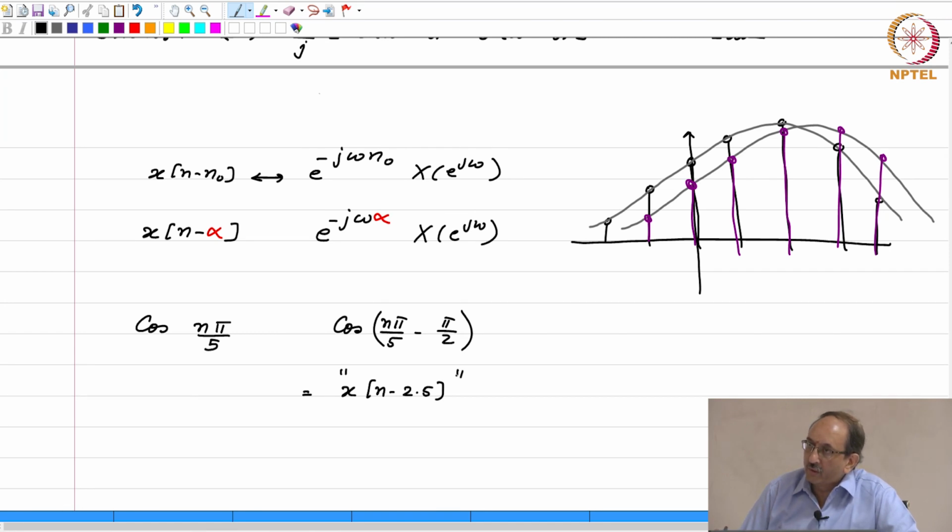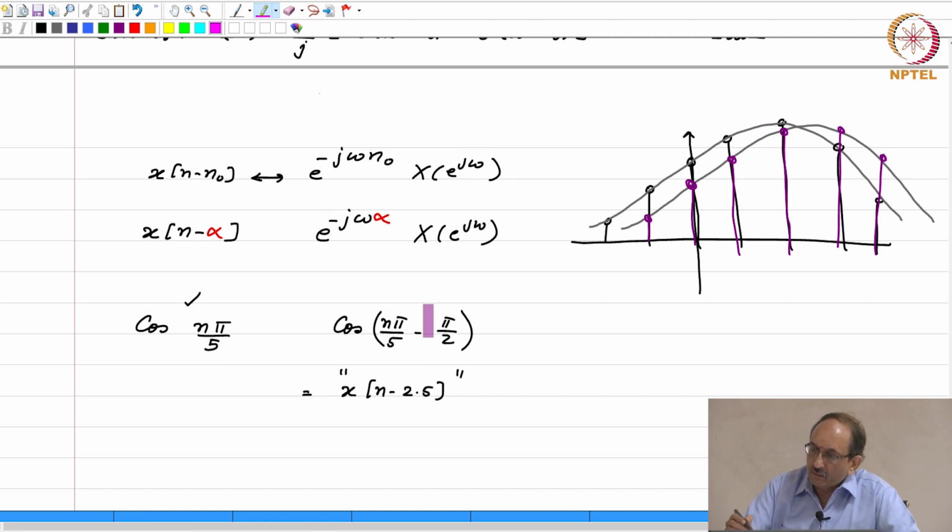So now we will take cos n pi by 5, apply this property and then obtain this signal by letting alpha be minus 2.5, and we will do this in MATLAB.